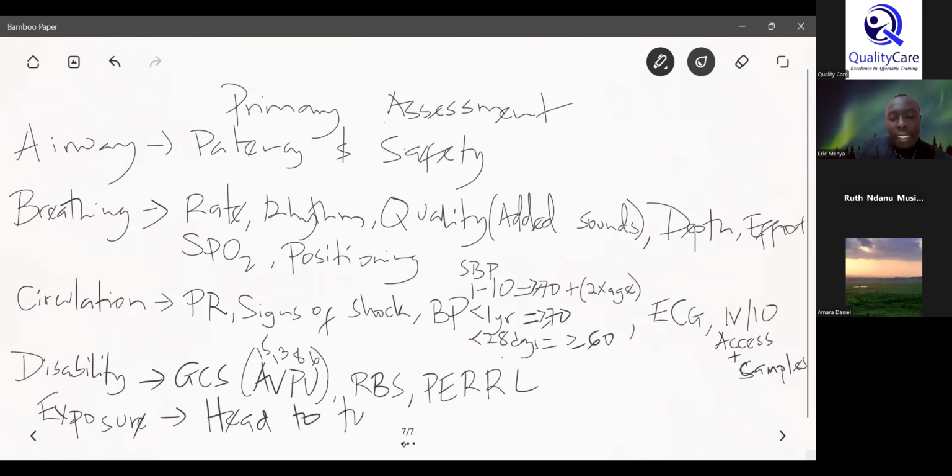This also marks the shift towards the secondary assessment. So ABCDE is our primary assessment. Secondary, I don't think I need to recap. It was basically a SAMPLE.